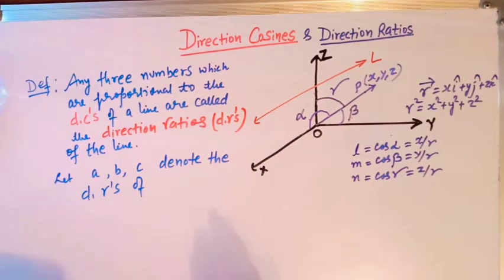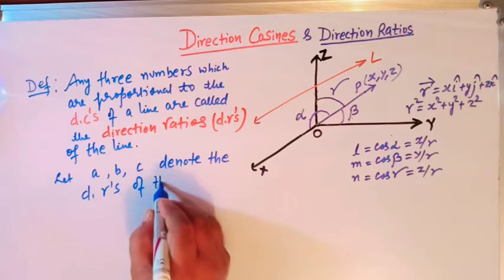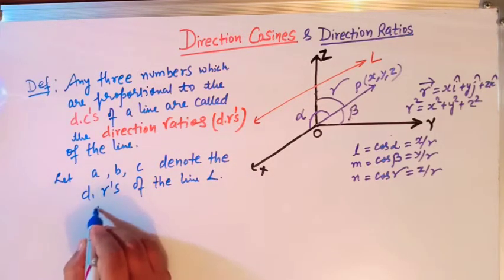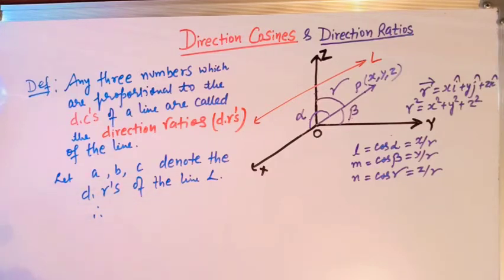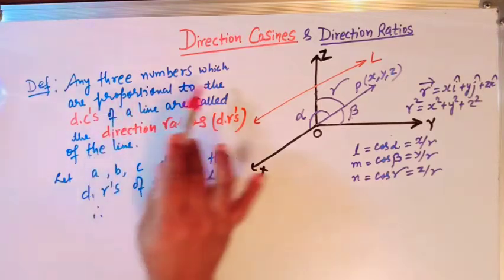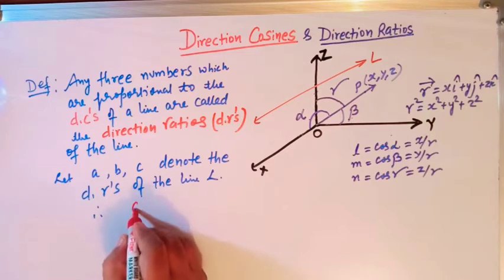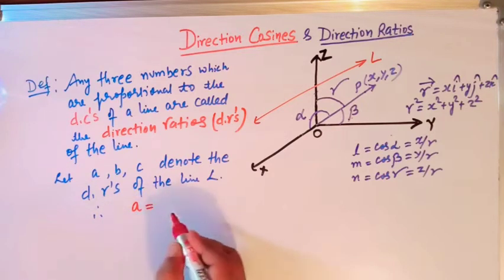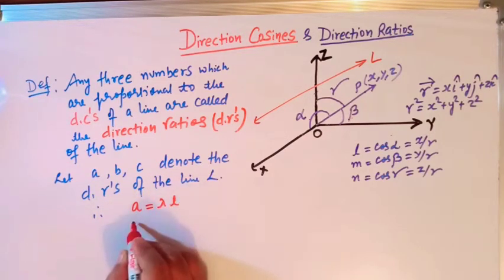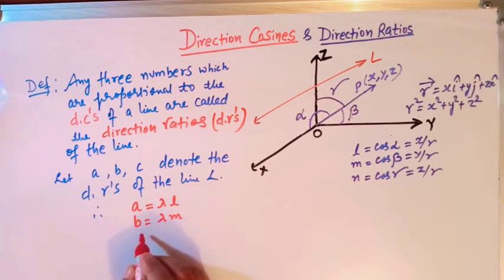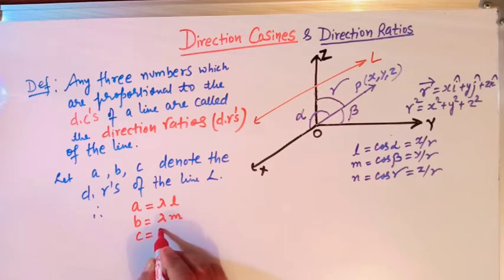So therefore, as per this definition, any three numbers which are proportional to the direction cosines, it means A is equal to lambda L, B is equal to lambda M, and C is equal to lambda N, right?